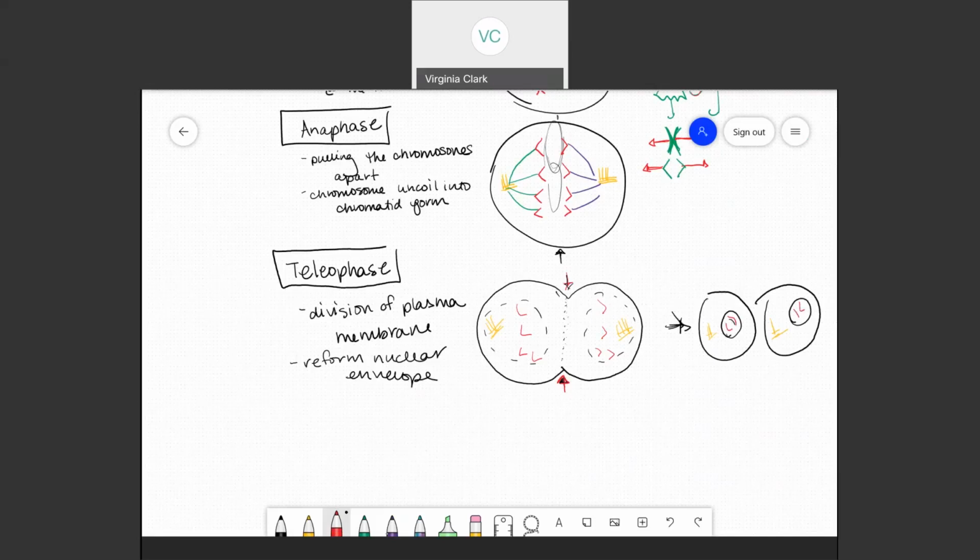All of which has happened. Oh, as well as the nucleolus. All of which has happened because you just divided the DNA. So that's telophase. You're starting to divide the plasma membrane.